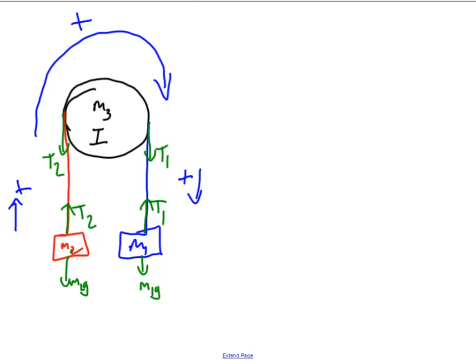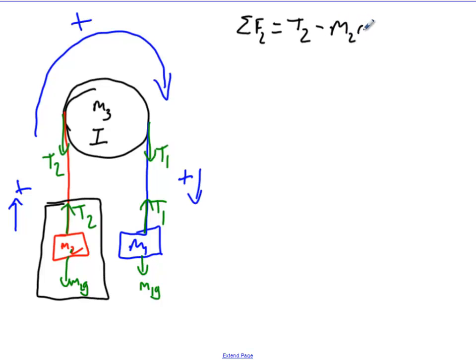Well, we're going to start with Newton's second law, and we're going to look at this thing, because whatever this thing's acceleration is, the whole system's acceleration is. So on that thing, the net force for object 2 is equal to T2 is the positive one, that's tension 2, minus M2G equals M2A.